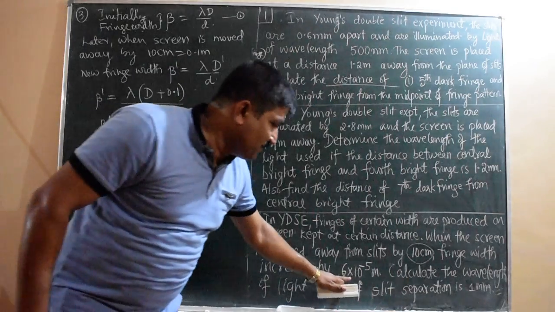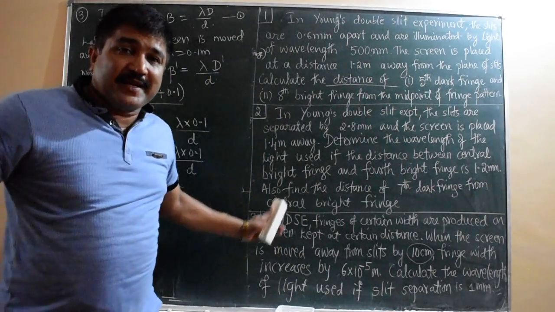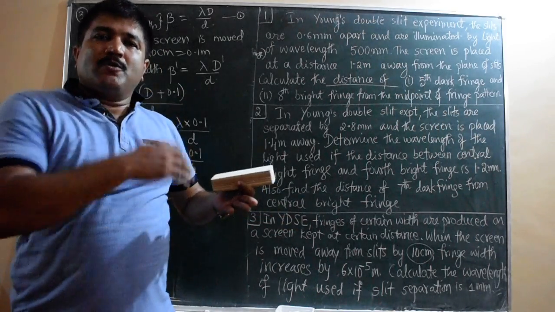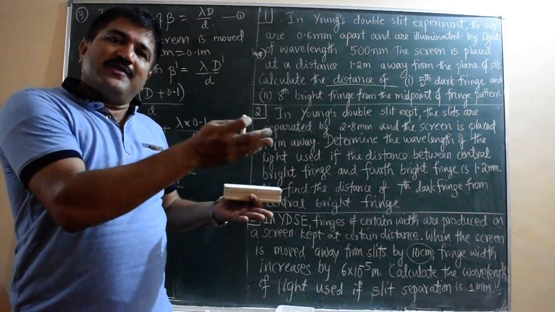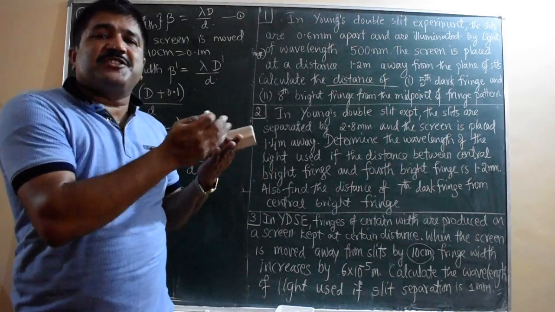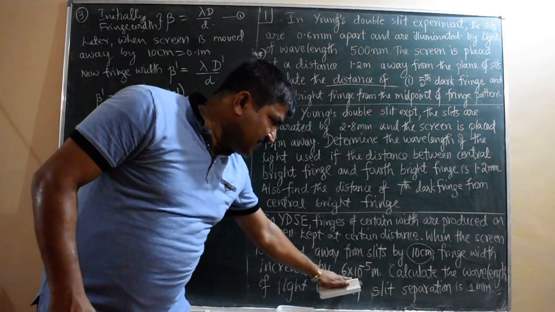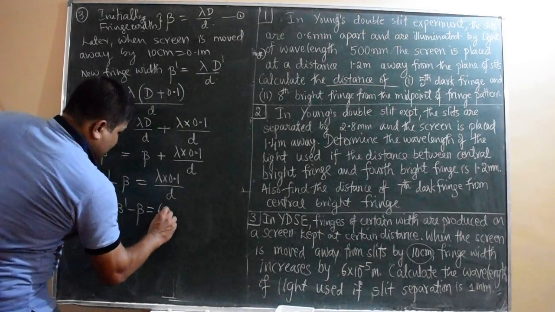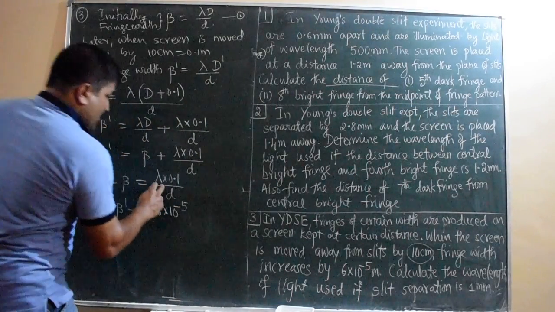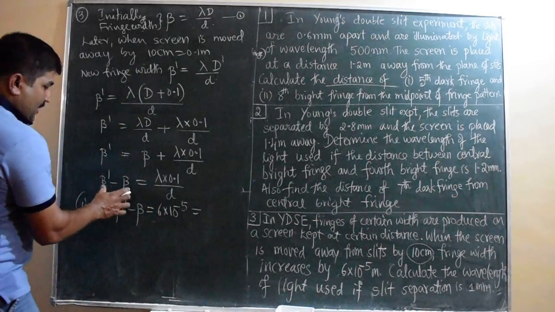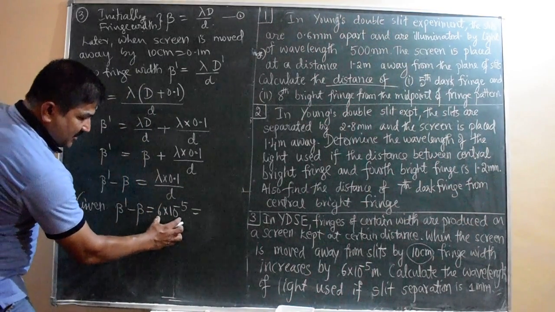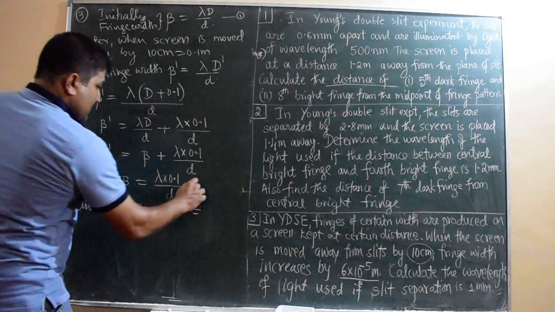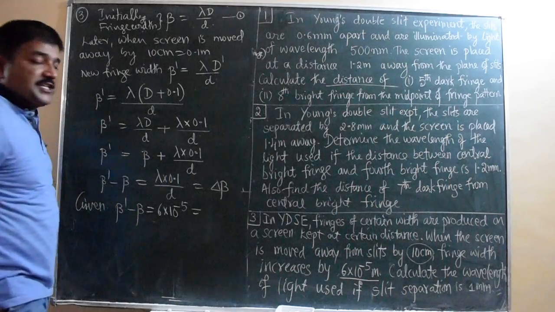Final value minus initial value is the change in fringe width, and that is 6 into 10 power minus 5. This is equal to delta beta, the change in fringe width.